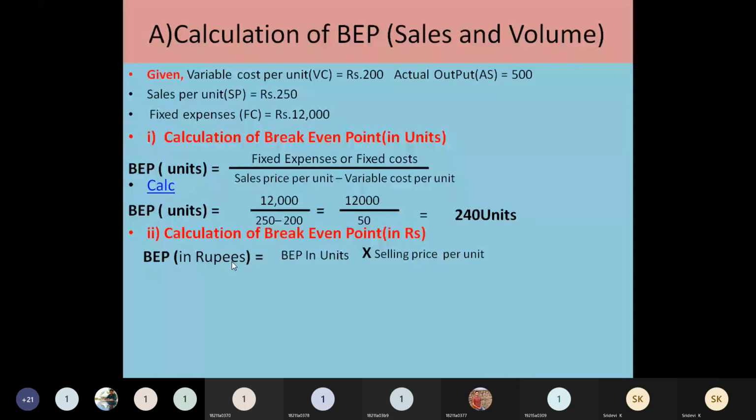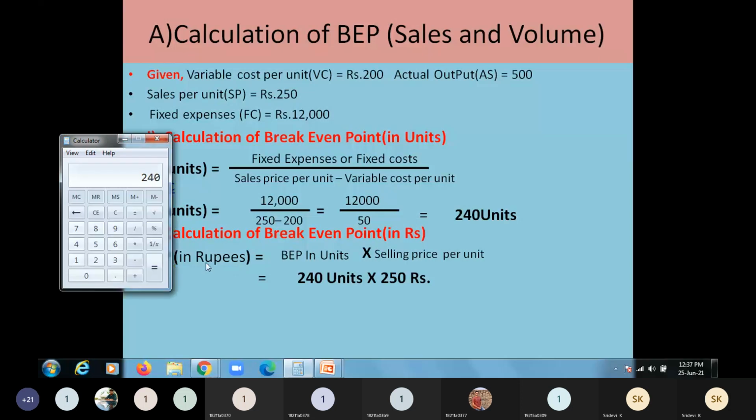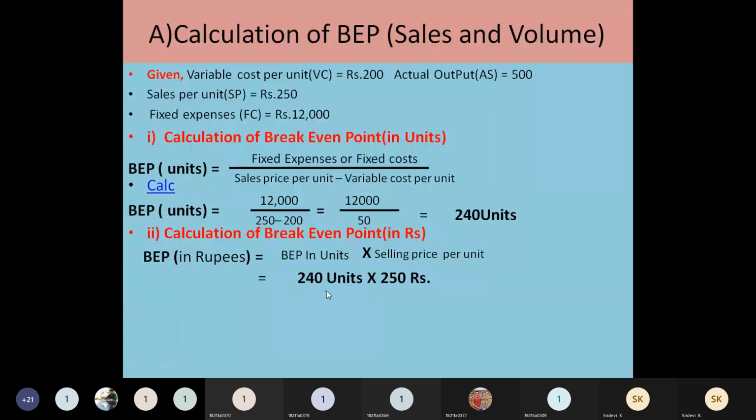We got 240 units, so units into selling price will give you the break-even rupees. 240 into 250 rupees of selling price, multiply it, you will get 60,000. 60,000 rupees is the break-even point in rupees. It is compulsory to specify whether it is rupees or units.